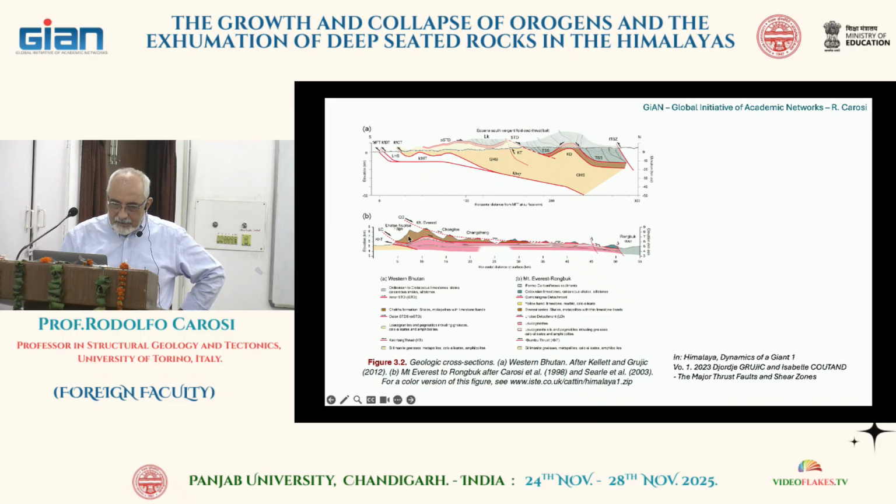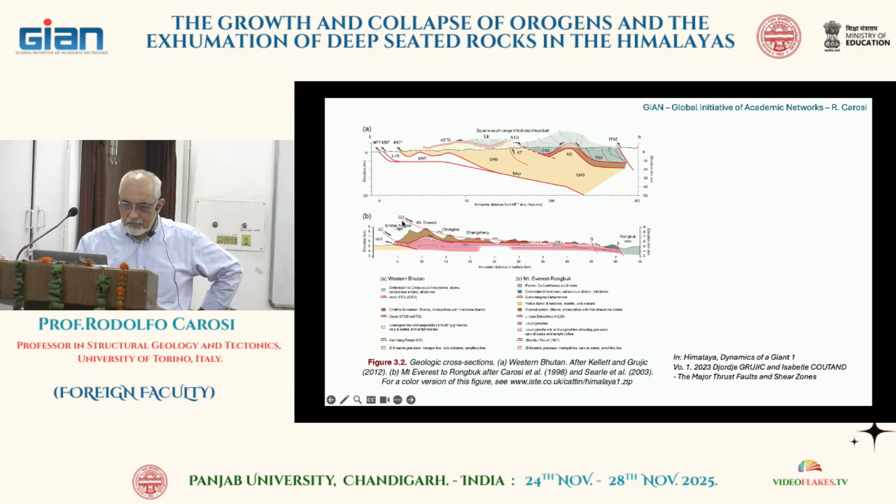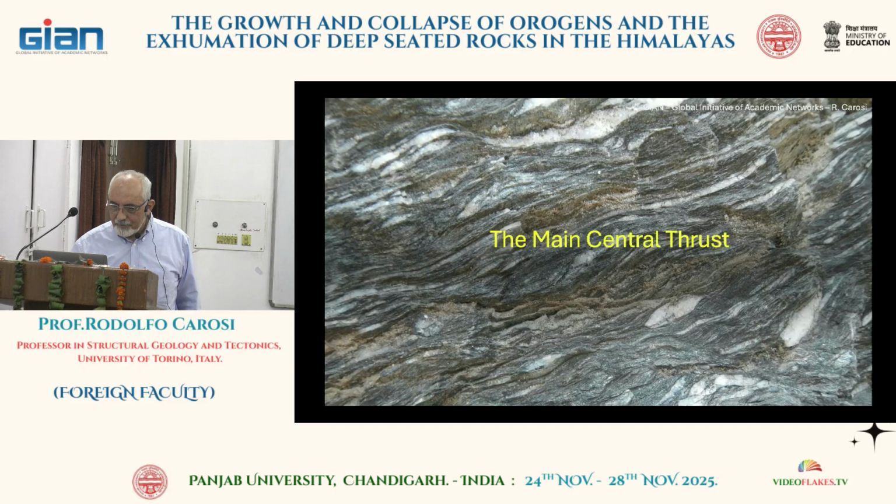And in this way, you can see this brown stuff that is the so-called Nora formation, made by low-grade metamorphic rocks or up to medium grade that show a thickness of a few thousand meters here. But since this fault merges to the north, we can observe these low-grade metamorphic rocks that occupy the top of Mount Everest directly on top of the high-grade metamorphic rocks. I will show you some pictures later.